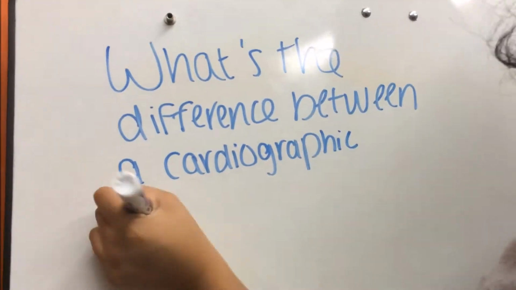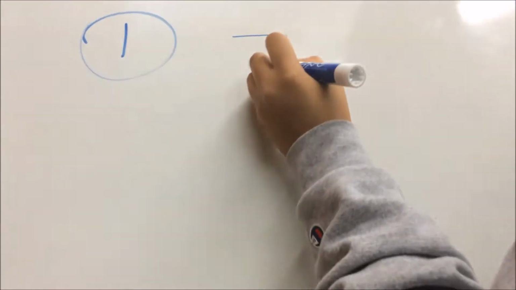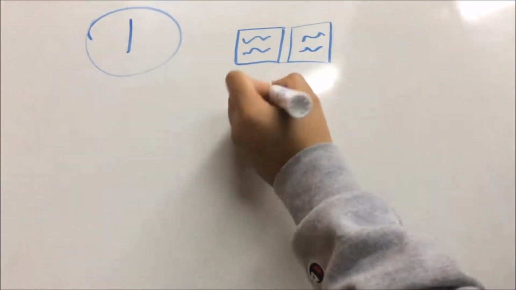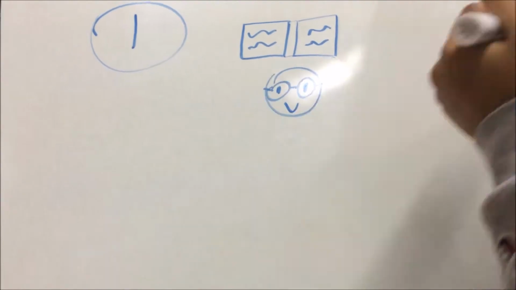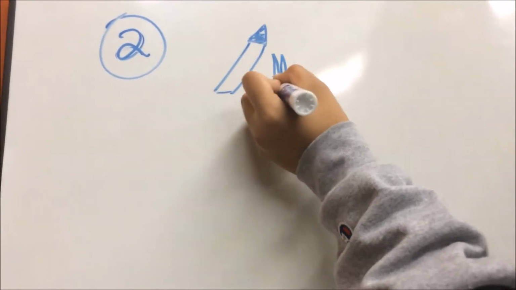What's the difference between a cardiographic technician and a cardiovascular technologist? First, cardiovascular technologists require more education and may need more years in college and be accredited by different programs. They also perform more surgical procedures than a cardiographic technician.